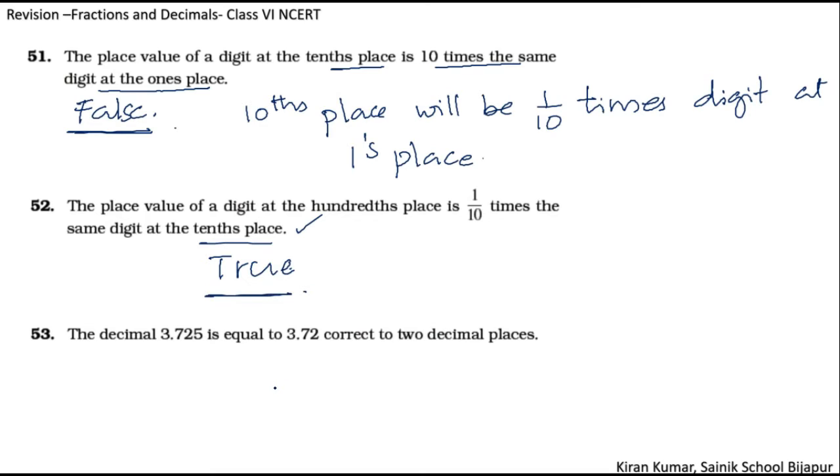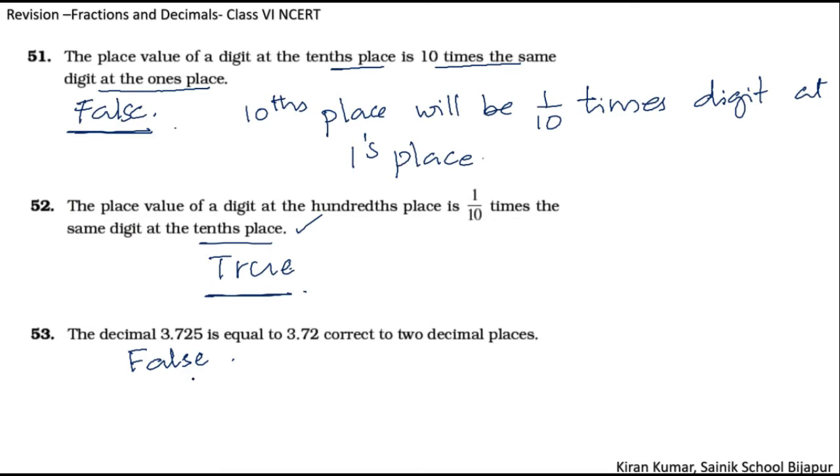Statement number 53. The decimal 3.725 is equal to 3.72, correct to 2 decimal places. This particular statement I'll consider false because there is a 1000th place.